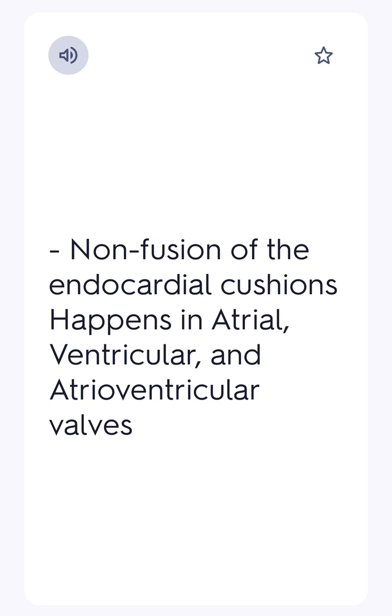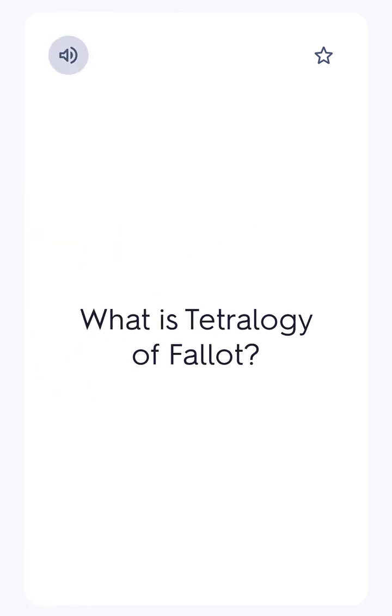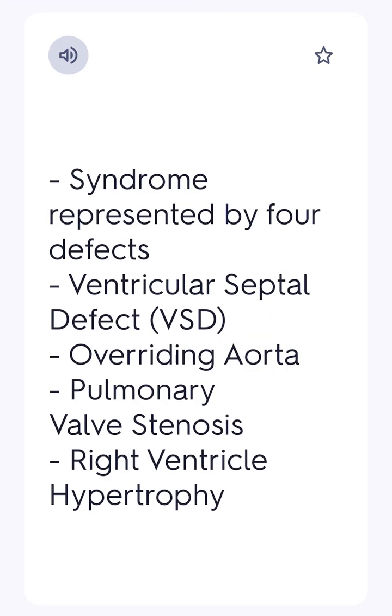Non-fusion of the endocardial cushions happens in atrial, ventricular, and atrioventricular valves. What is tetralogy of Fallot? Syndrome represented by four defects: ventricular septal defect, overriding aorta, pulmonary valve stenosis, right ventricle hypertrophy.